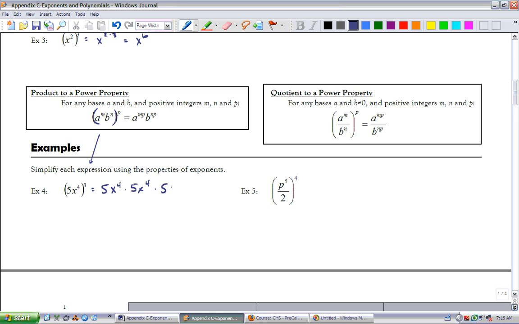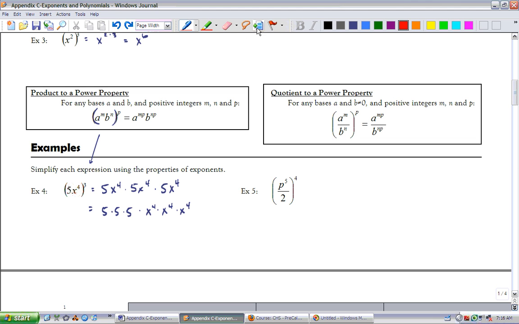Okay, so the 5 is going to be cubed because we could rearrange this to be 5 times 5 times 5 and x to the 4th times x to the 4th times x to the 4th. Okay, and so you see what we end up doing is cubing the 5 and cubing the x to the 4th.